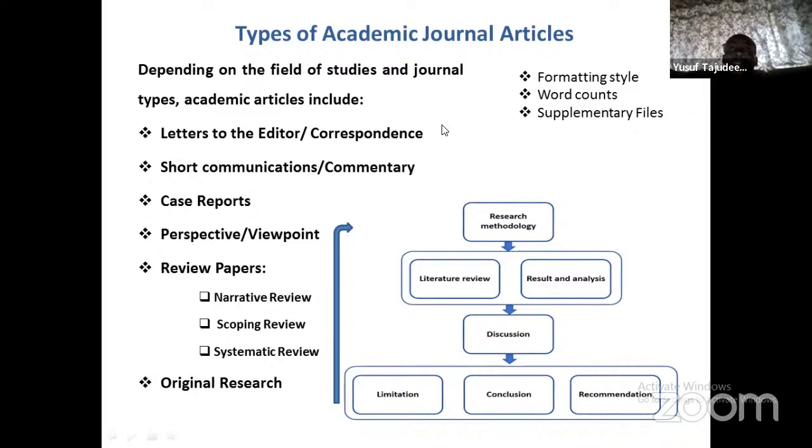So review papers. The first one is narrative review, which is also known as a traditional review. It's like providing a comprehensive understanding on a particular topic of interest. In narrative review, you consult other papers, most especially original research, and you build on what those authors have reported.